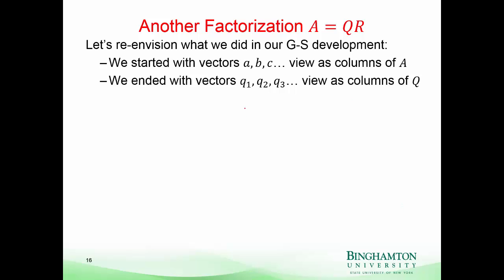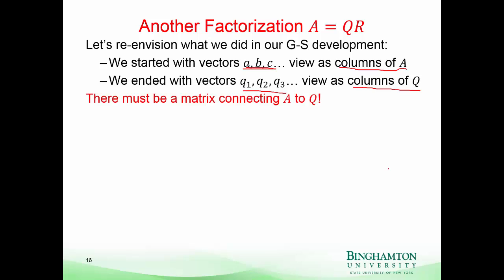So our assumption was that the given vectors were linearly independent. And so however many of them there are, we end up with that many orthogonal, in fact, orthonormal vectors. But we're going to view the original ones as columns of some matrix A, and we're going to view the new ones as columns of some matrix Q. And so here's the idea.